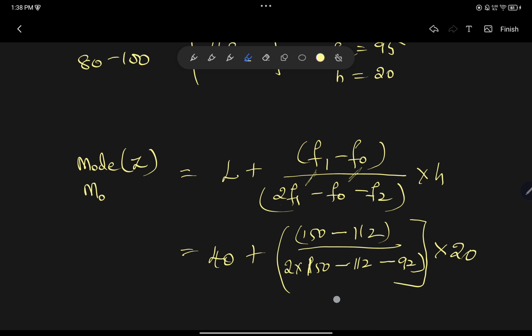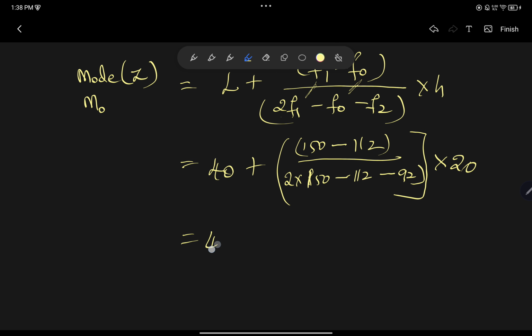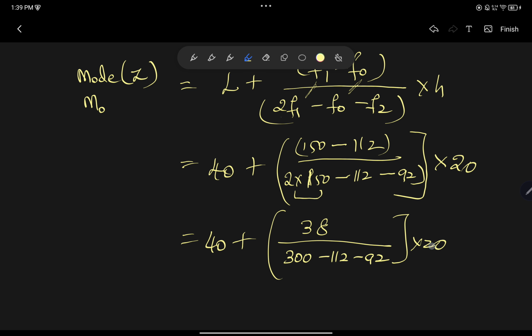Now we have the formula converted into numbers. 150 minus 112 is 38. 2 times 150, that is 300, minus 112 minus 95, into 20.